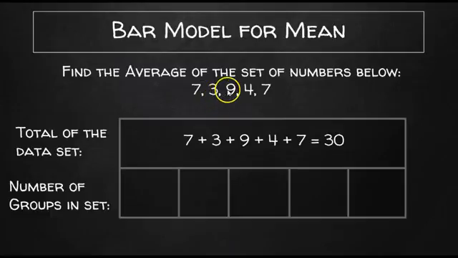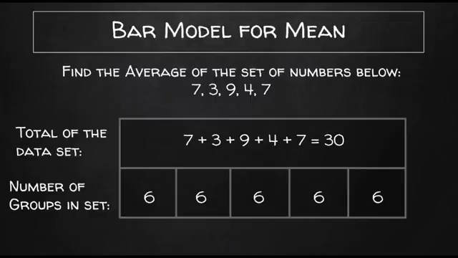This has been divided into 5 groups, and those groups all have to be equal in order for us to come up with our answer. If we take 30 and divide it into 5 equal groups, then each group would be the equivalent of 6.